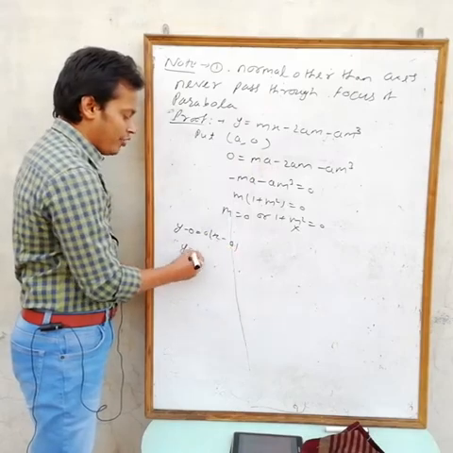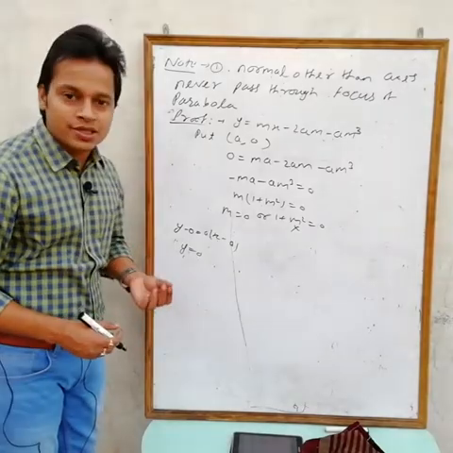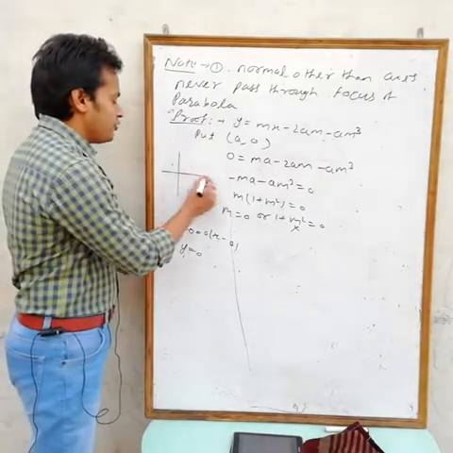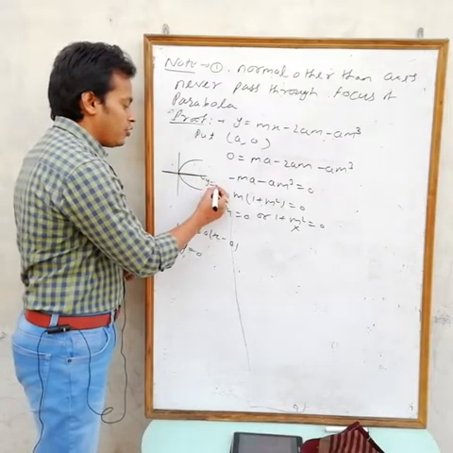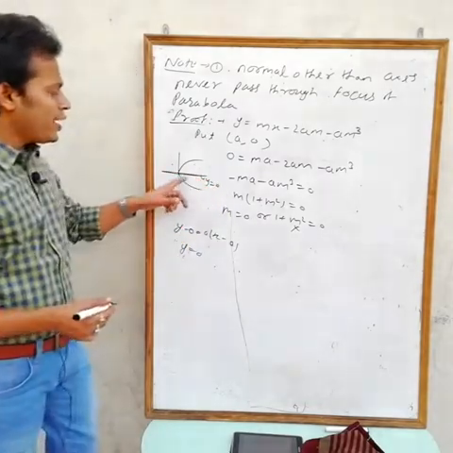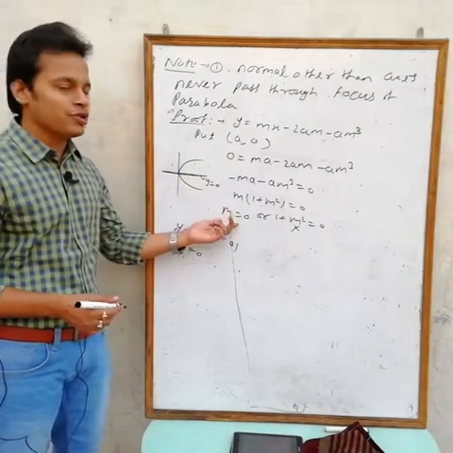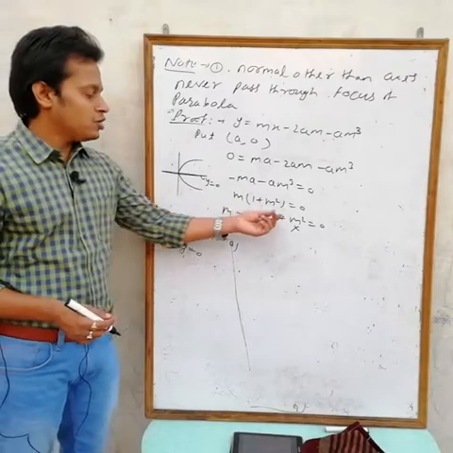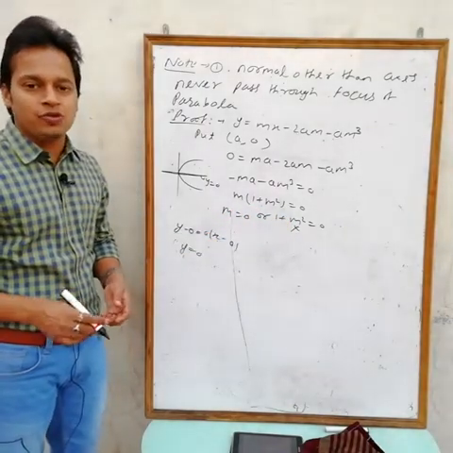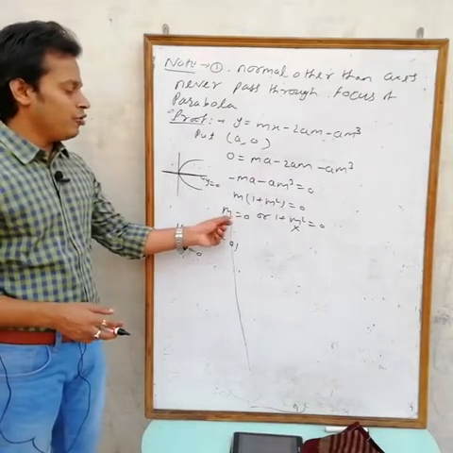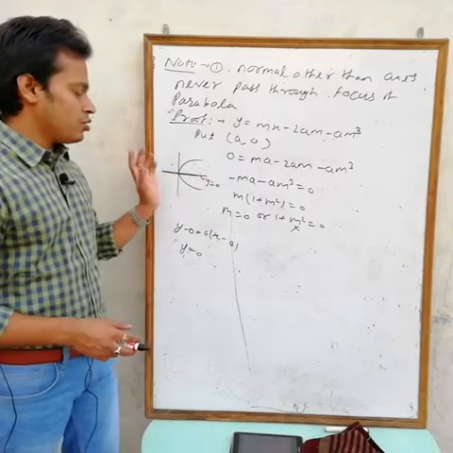We get y equals 0, and y equals 0 is the equation of the x axis. So only the axis can pass through the focus, because we are getting only one possible value of m. If we got any other value of m, then more than one normal would pass through the focus, but here we have only one normal passing through the focus, that is the axis itself.